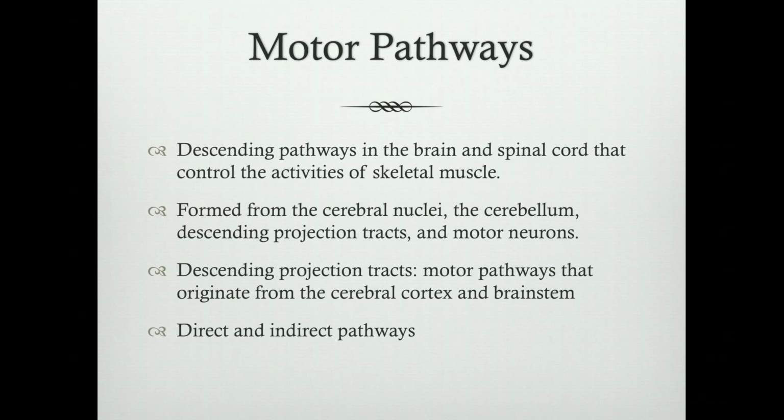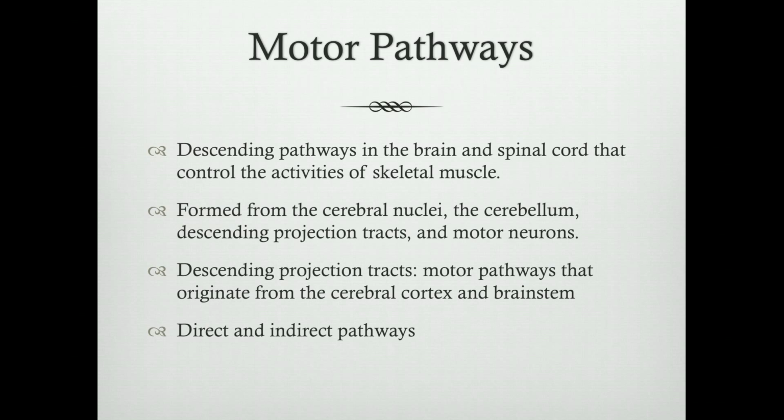Now, in the motor pathways, we're gonna see the descending pathways in the brain and the spinal cord that specifically control activities of the skeletal muscle, and these are formed from participation by both the cerebral nuclei and the cerebellum, as well as the descending projection tracts and motor neurons.